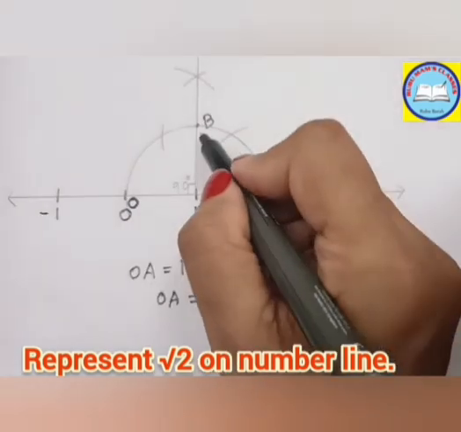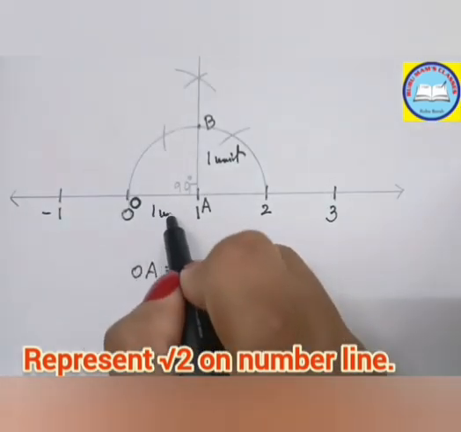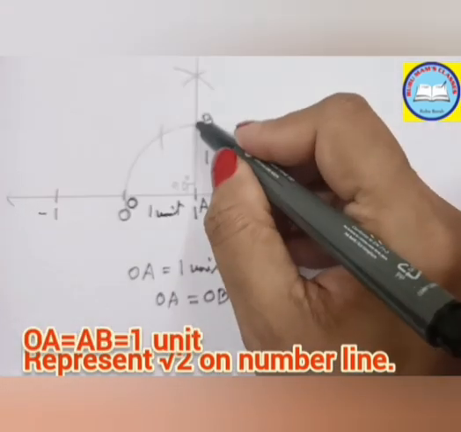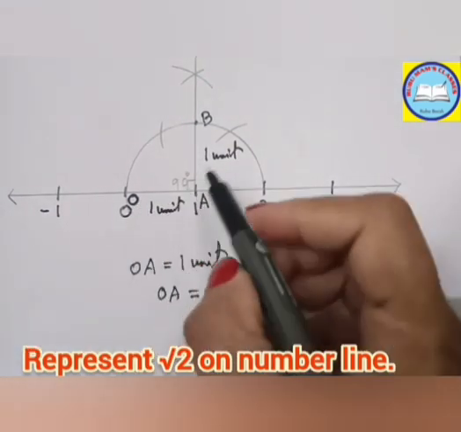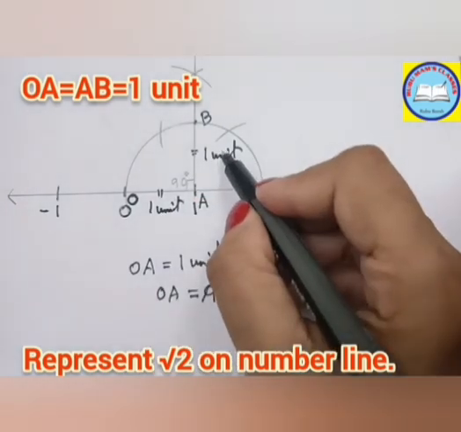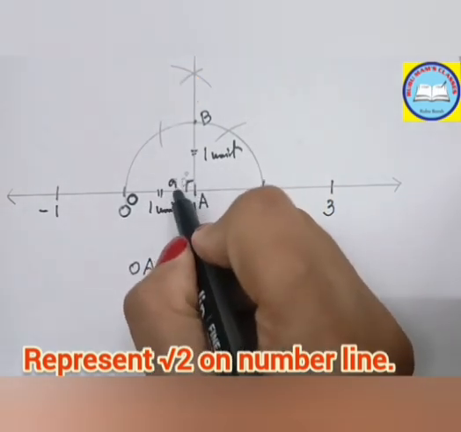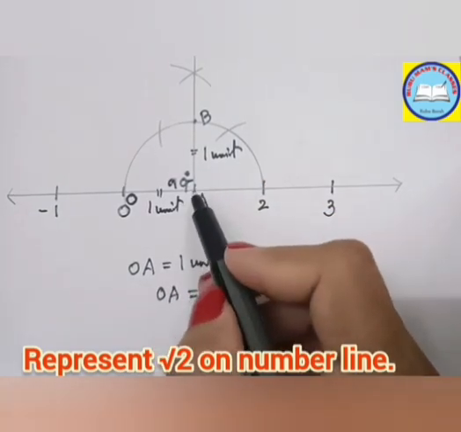Yes, this is also 1 unit. And AB is equal, OA is equal to AB, each 1 unit. And this angle at A is 90 degrees, since we have drawn the perpendicular line.